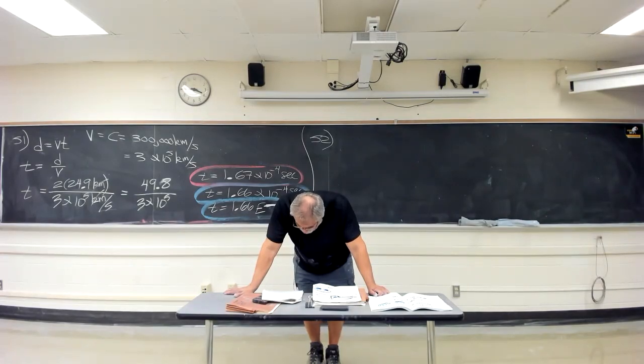The relative velocity is 50 plus 180, which is 230 kilometers per second of approach. That is the relative velocity of approach, 230 kilometers per second.